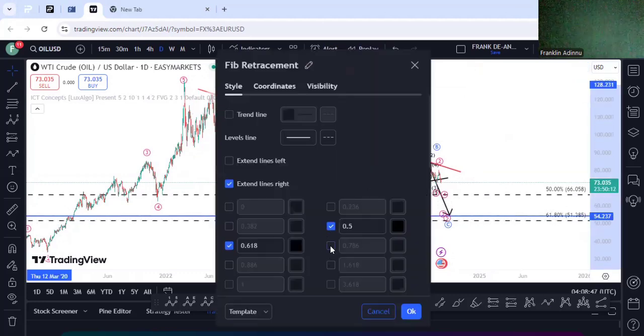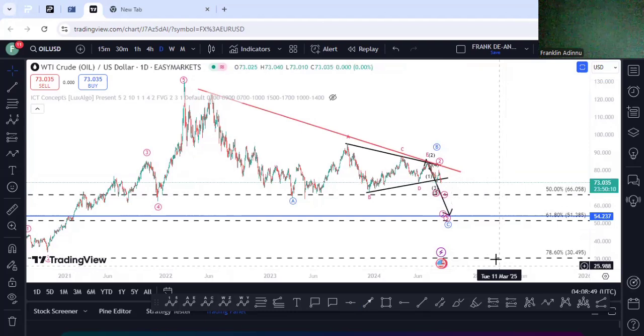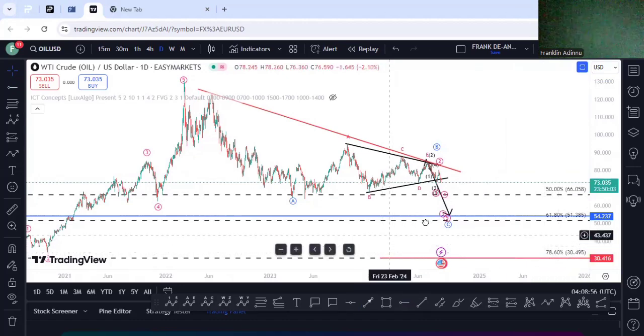In some cases, it may come down to this side, the 78.6, but not all the time.